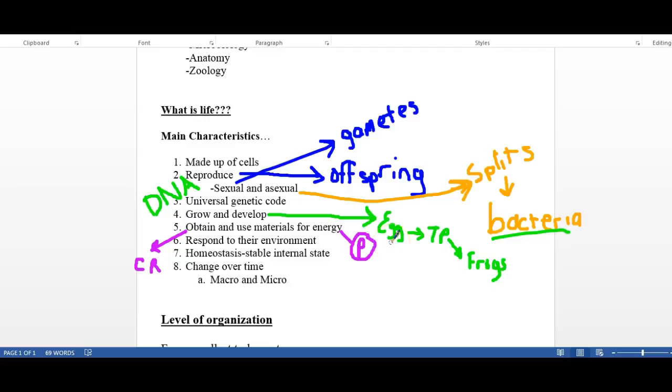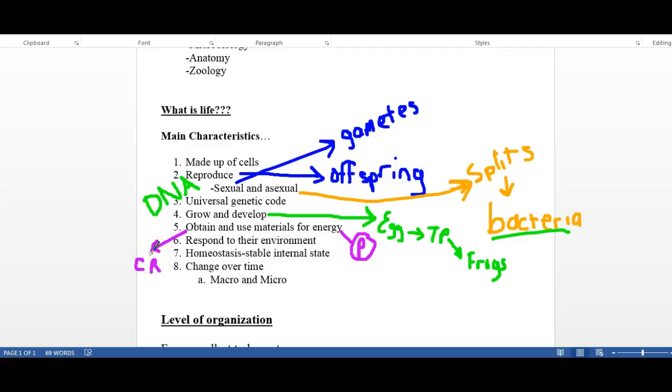So maybe we don't necessarily directly eat them, and maybe we eat some of them like a salad or whatever, or some kind of vegetable. But also we eat other things like beef and caribou and moose. They eat the plants. They get the energy, then we eat them, and that's where we get our energy. But in some indirect way, we get it from plants through photosynthesis. But then the breaking down of that energy is a process called cellular respiration. All living things do it. Okay, they might not do it exactly the same though.